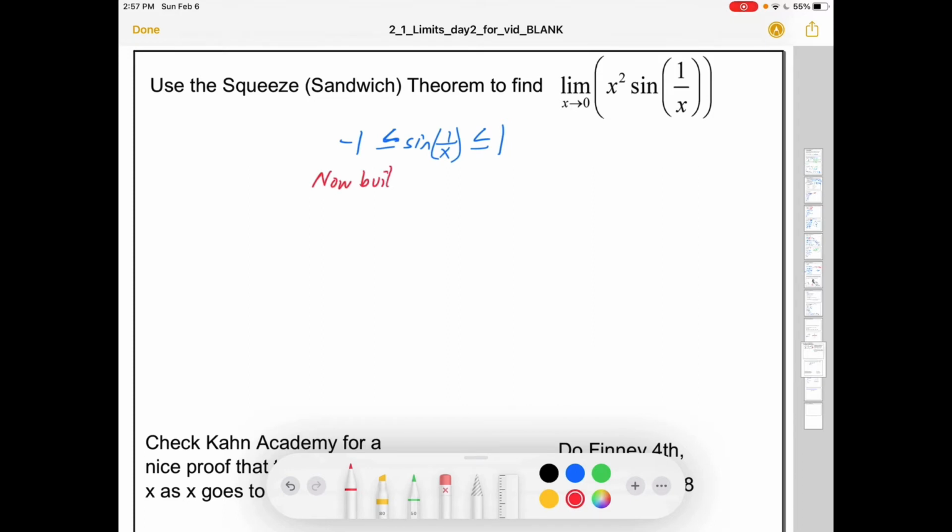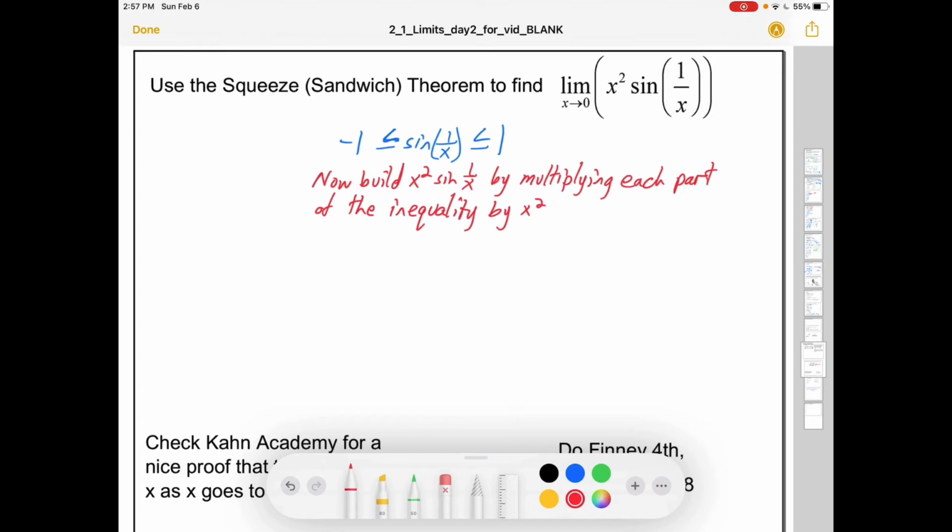Now, build the thing that we want, build x squared sine 1 over x, by multiplying each part of that inequality by x squared. Okay.